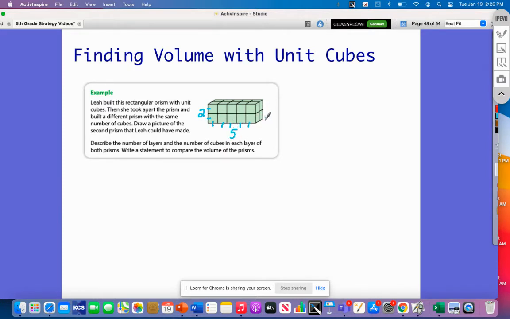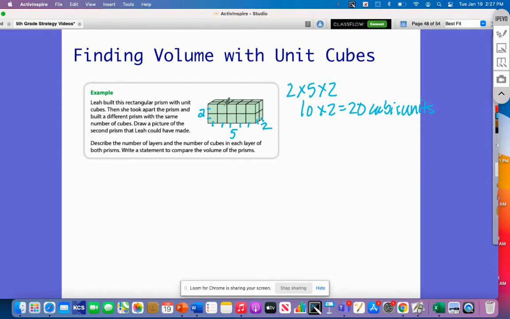And then I also have this width right here, 1, 2, so that would be 2. So I have a 2 by 5 by 2. A 2 by 5 by 2 would be 10 times 2. That is 20 cubic units.